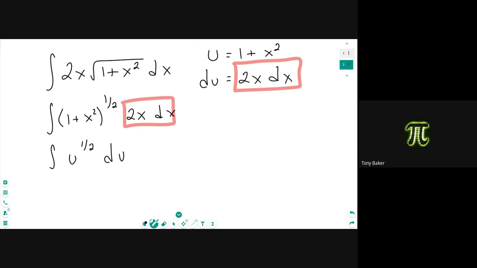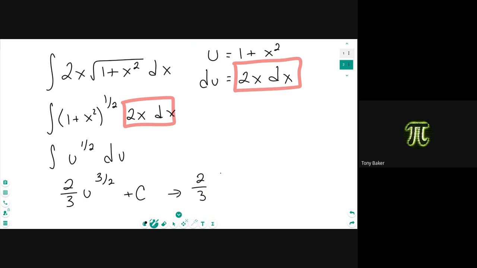How do we do it? We use the power rule. Yeah. So we add 1 to the exponent, bring it down, divide by it, right? Which in essence for a fraction flips it over. So we have 2/3 u to the 3/2 plus c. We can't leave it that way. We have to replace the u back with what it was.